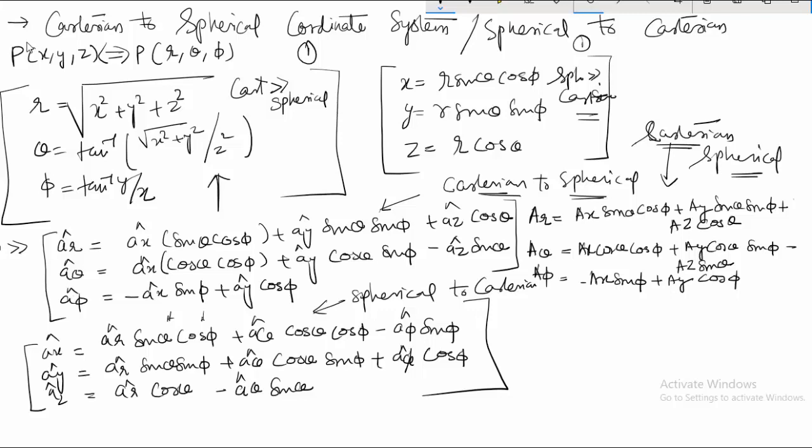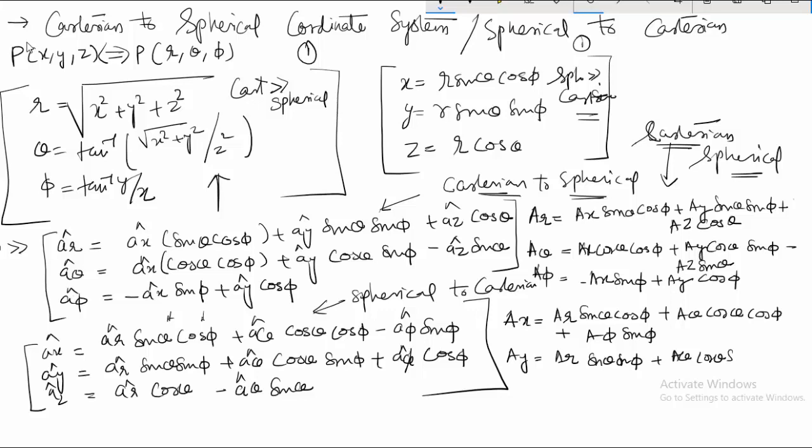And finally, if we are converting from spherical to Cartesian, the components can be written as AX is equal to AR sin theta cos phi plus A theta cos theta cos phi plus A phi sin phi, and AY can be converted as AR sin theta sin phi plus A theta cos theta sin phi plus A phi cos phi, and AZ is equal to AR cos theta minus A theta sin theta.